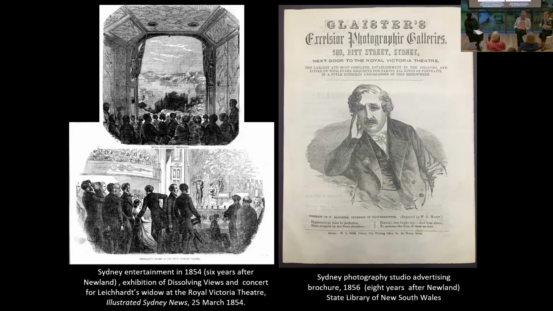So people like Goodman bring an imported experience of photography in terms of the architecture of the studio and in terms of the kind of product that they're peddling. The experience they're peddling is very much from Britain, from London. What Newland does 6 years later is bring a much more cosmopolitan experience, which is typified in the fact that he has this Daguerrean Gallery of faces from the Southern Hemispheric world.